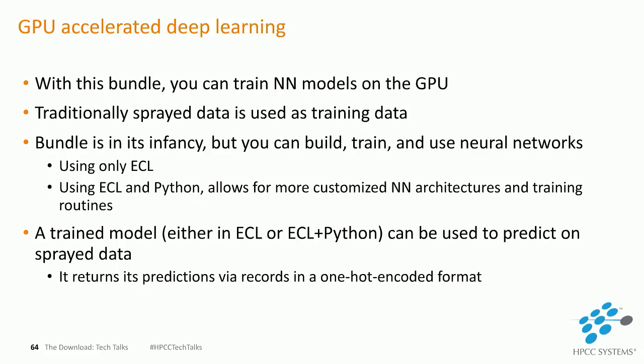You can also make predictions, so you can use, you can infer with these neural network models also on data that's housed on HPCC. So from the whole workflow of designing, testing, training, and using in production, a neural network model can be realized with this bundle, all while using a GPU to accelerate the training process, which can take a long time.